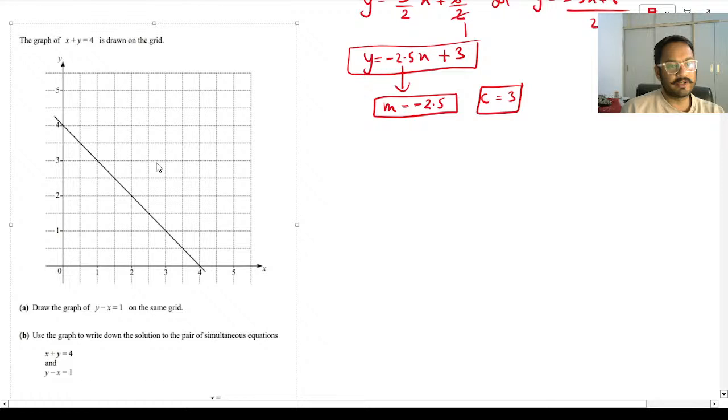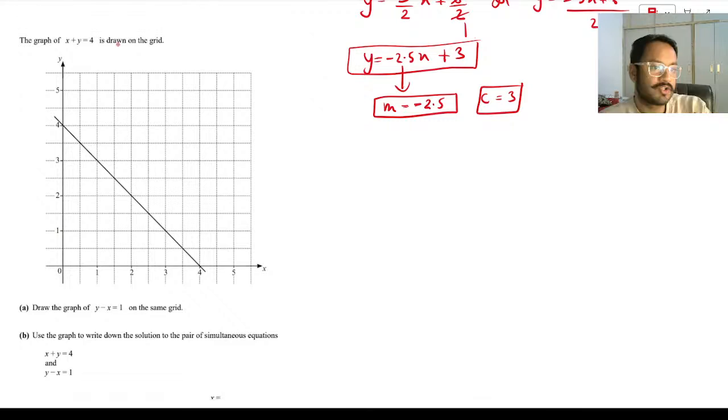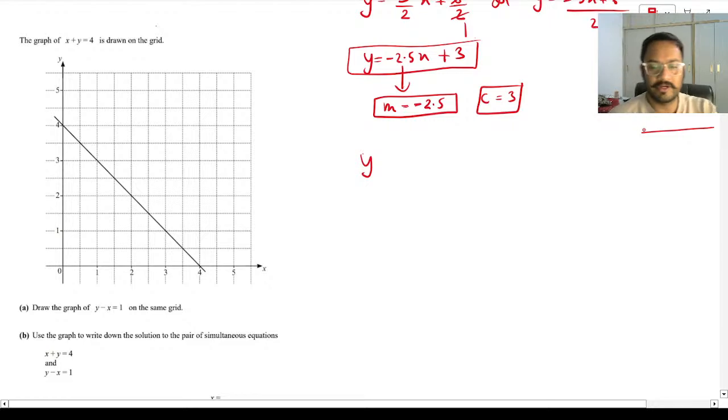It is written here, the graph of x plus y is equals to 4 is drawn on a grid. So you can see the grid here. The grid is given to you. Draw the graph of y minus x is equals to 1. Now to draw the line, what you need to do is you need to first write the equation. So this is from the another question. You can do one thing.